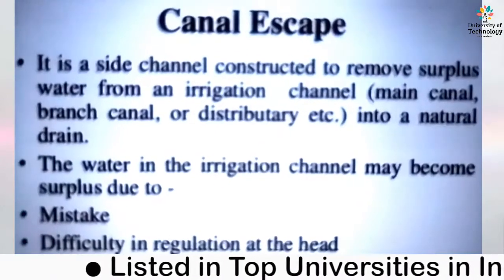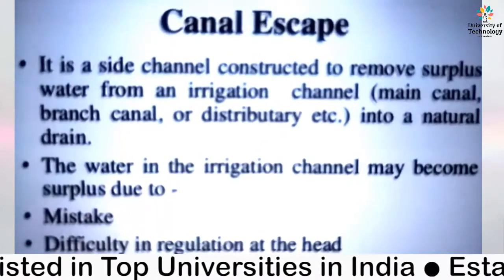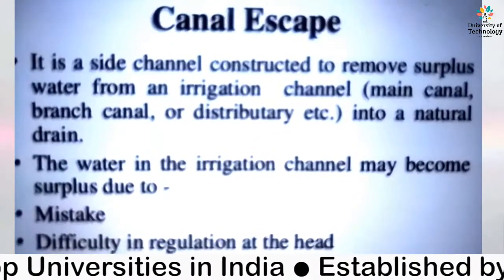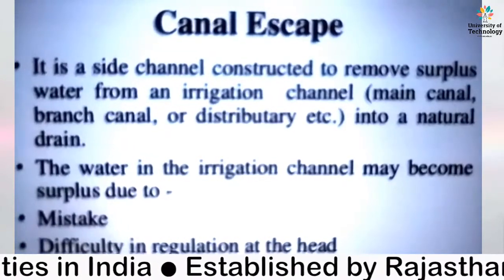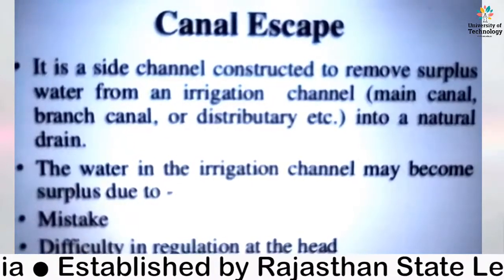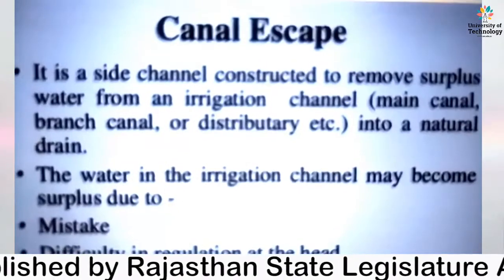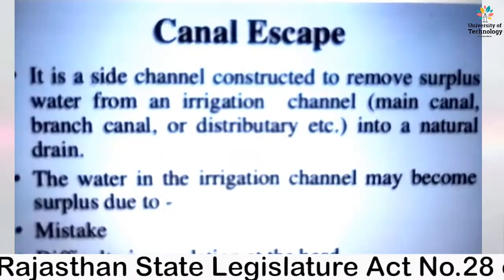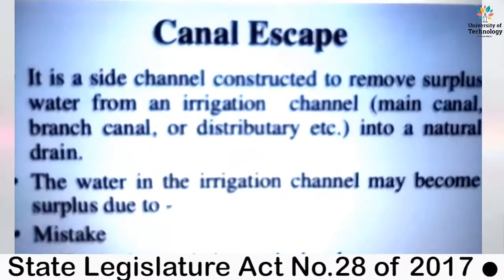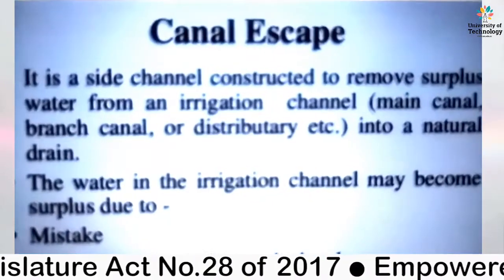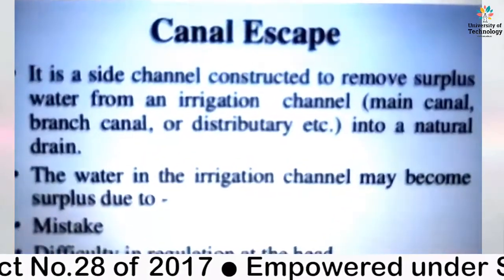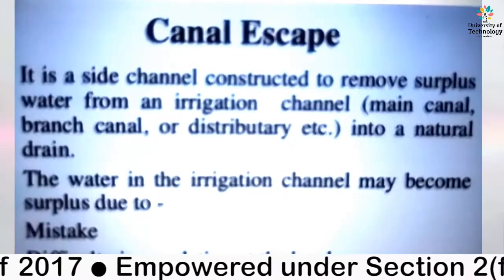Canal escape is a side channel constructed to remove surplus water from an irrigation channel, meaning main canal, branch canal, or distributary. It can be constructed anywhere, into a natural drain.